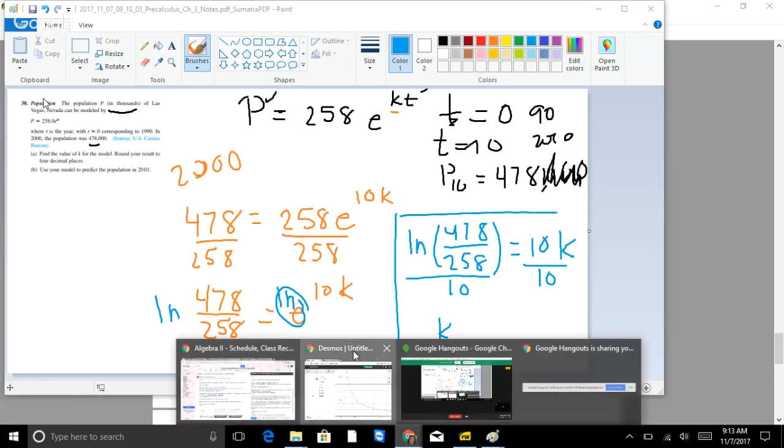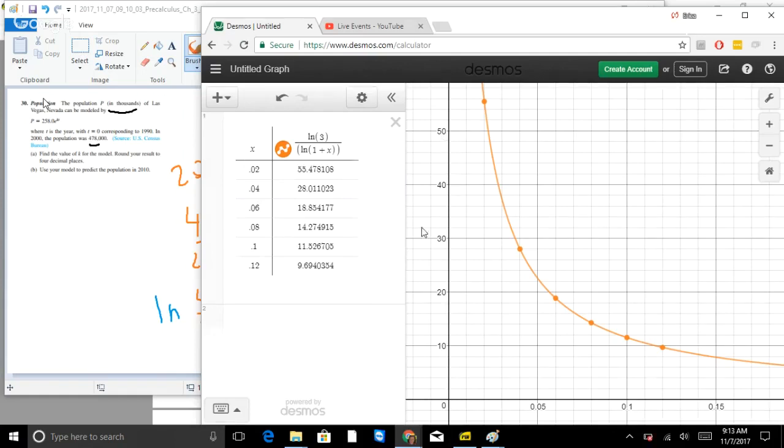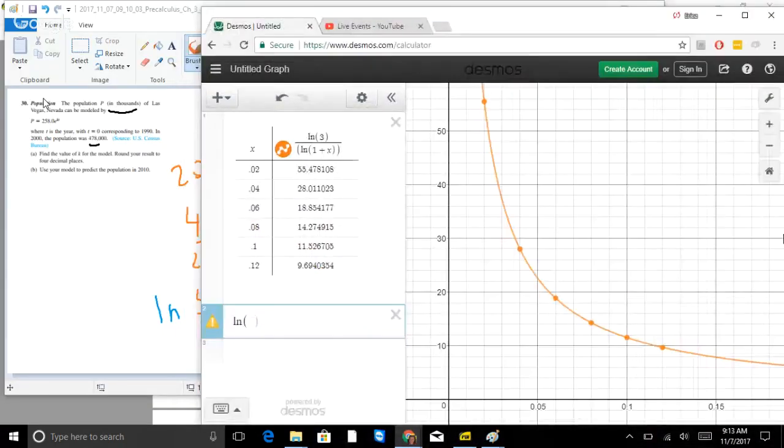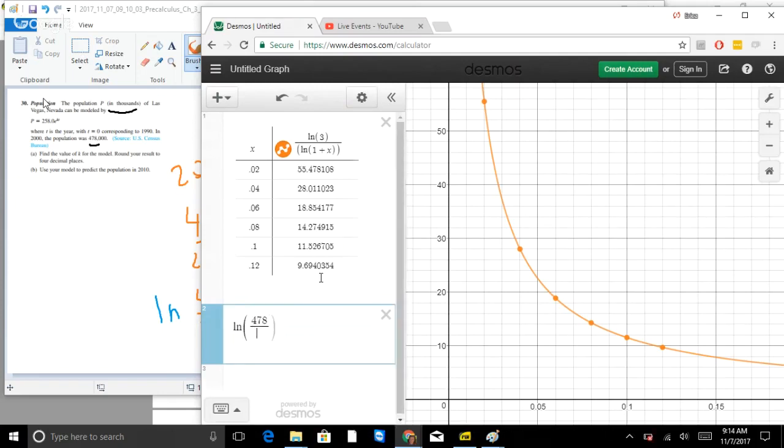So thanks to Desmos, we have the natural log of 478 divided by 258, all that divided by 10.